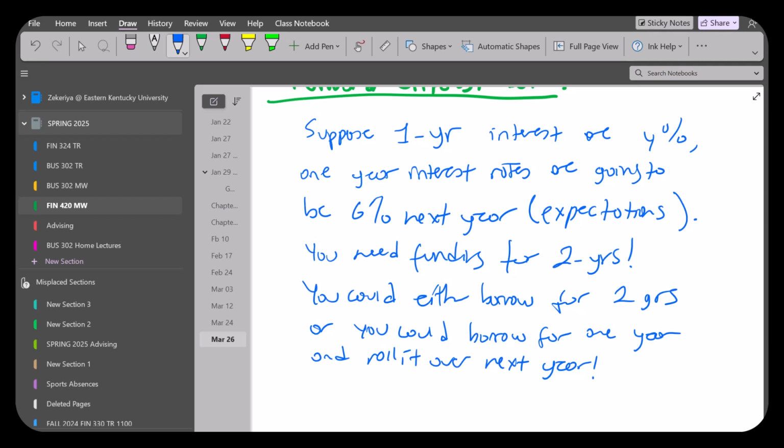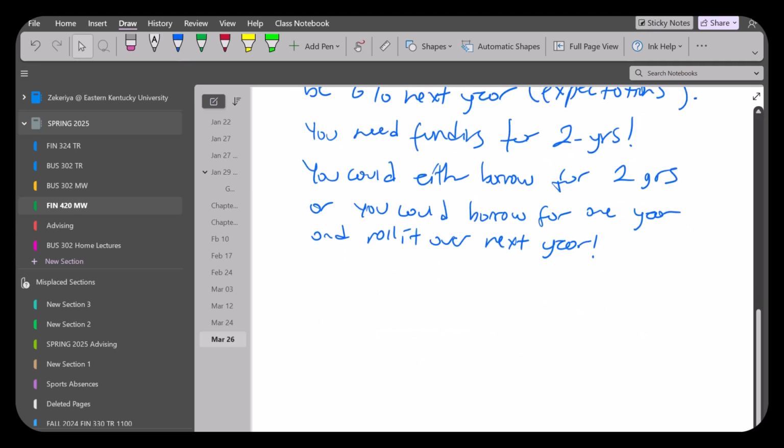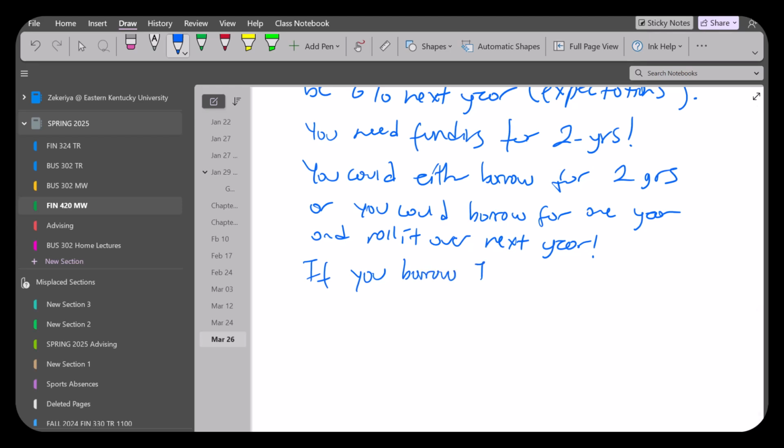Outcome-wise, these are exactly the same in the sense that they allow you to fund your operation for 2 years. Whatever you do, you're going to use the method that gives you the least cost. Obviously, you're not the only smart one in the market. That means there needs to be some sort of equilibrium, right? So they need to cost the same. So given these expectations, if you borrow 1 year and roll, let's say you're going to borrow 1 million.